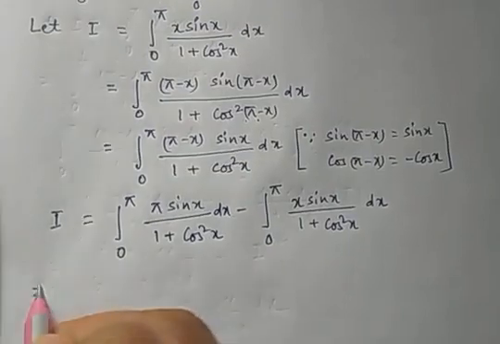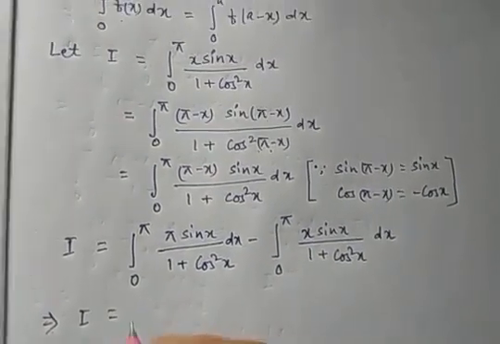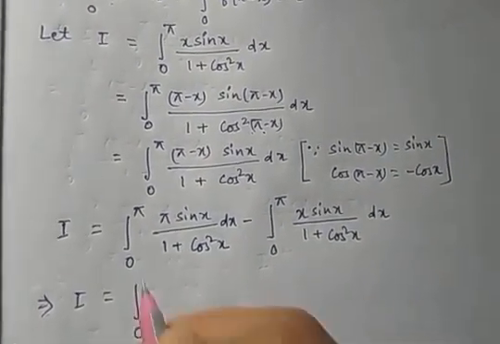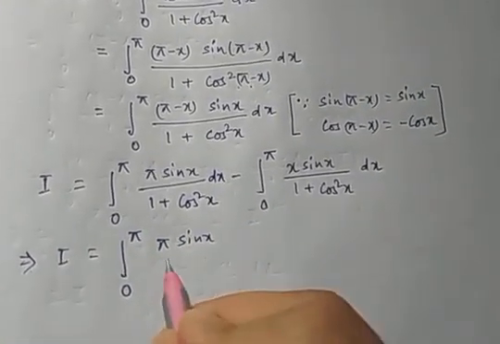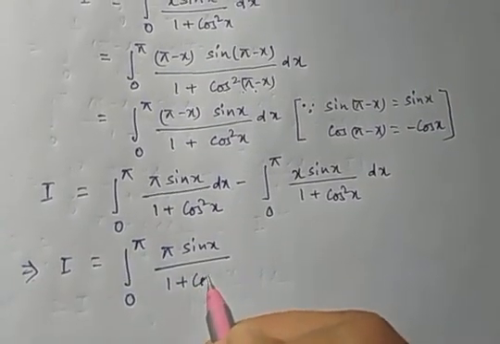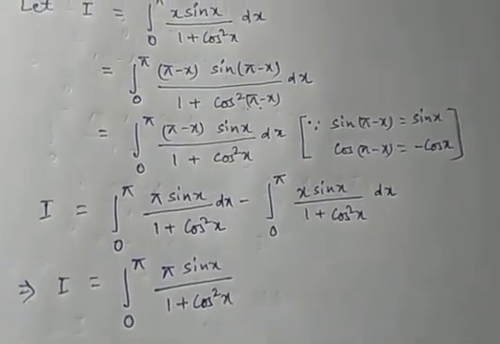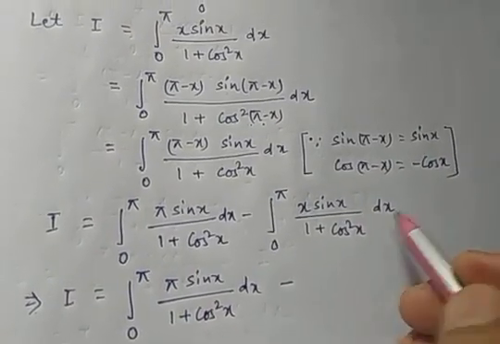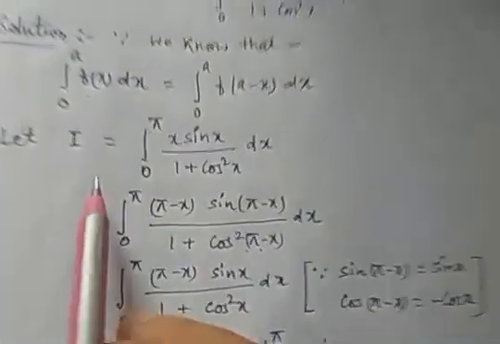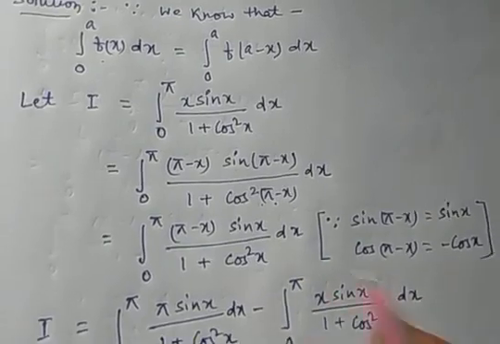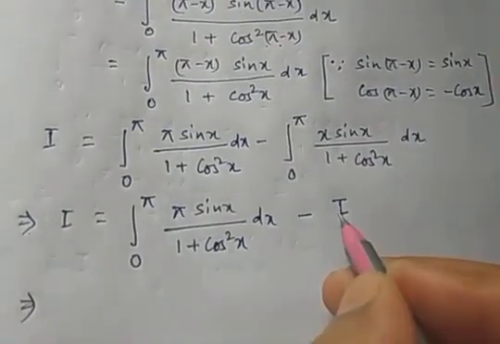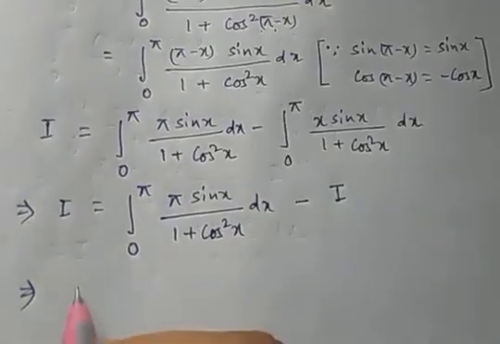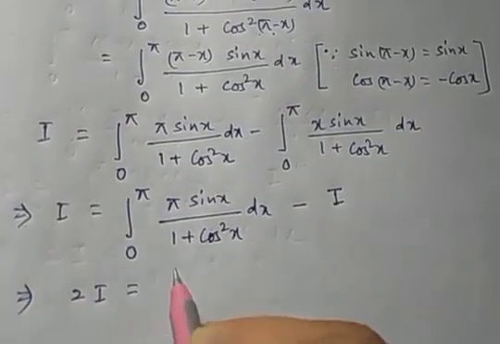And now this implies I is equal to integration from 0 to pi of pi sin x upon 1 plus cos square x dx minus, and this is I from the question, so it is equal to I.